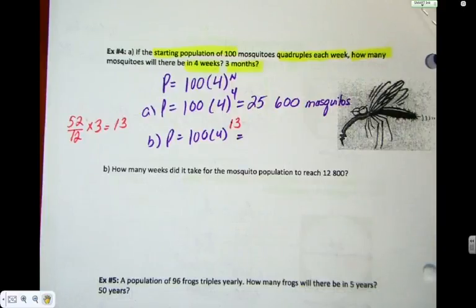Okay, if there's 25,600 mosquitoes in 4 weeks, how many are there going to be in 13 weeks? It's going to be a lot. That's our whole summer, by the way.